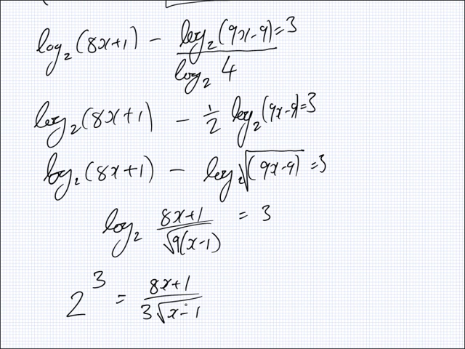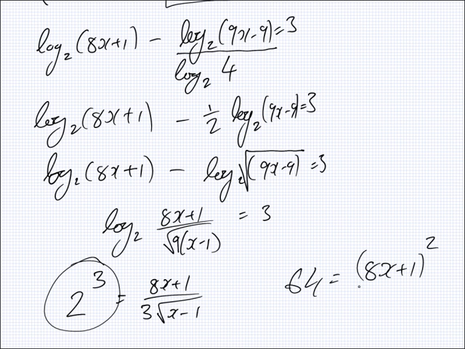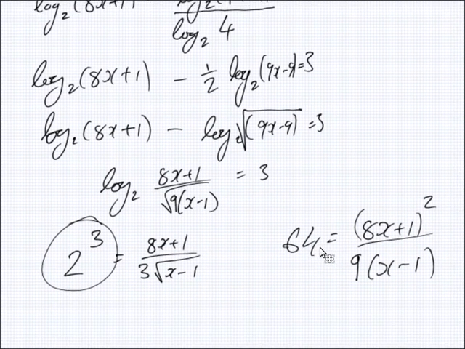Square everything. Yeah. This here is 8, isn't it? 64 equals (8x plus 1) squared over 9x minus 9. Isn't it? Yeah.